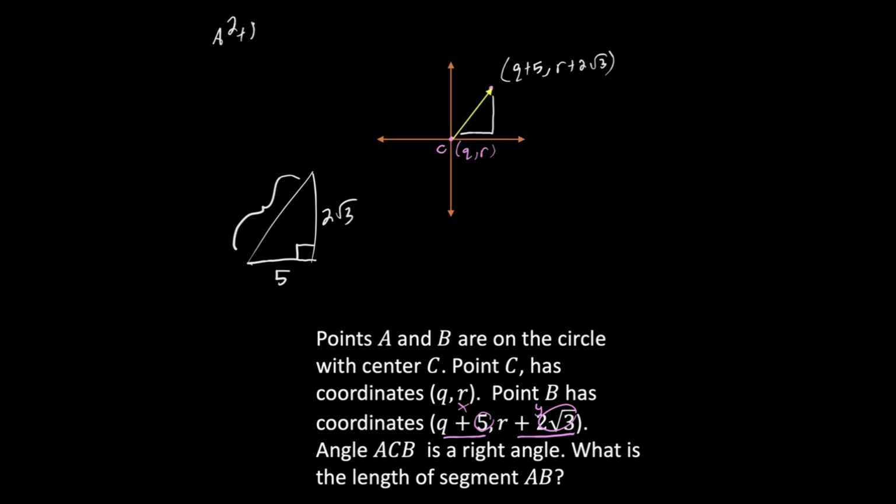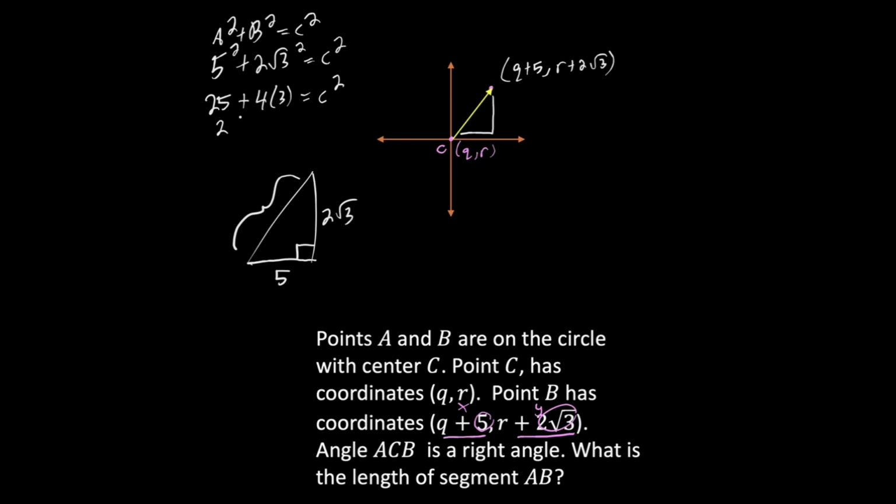A squared plus B squared equals C squared. 5 squared plus 2 root 3 squared equals C squared. 5 squared is 25. And 2 root 3, well, if we square the 2, we get 4, and radical 3 squared is just 3. That's because squaring is the opposite of taking a square root.